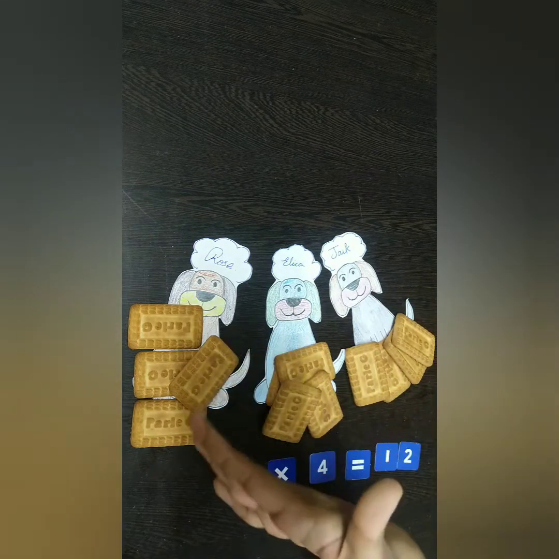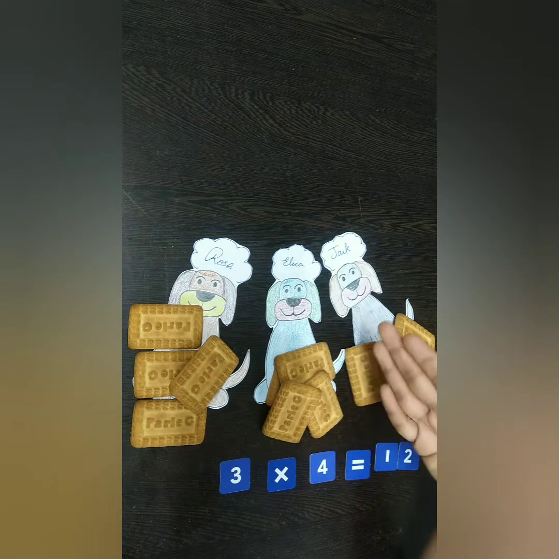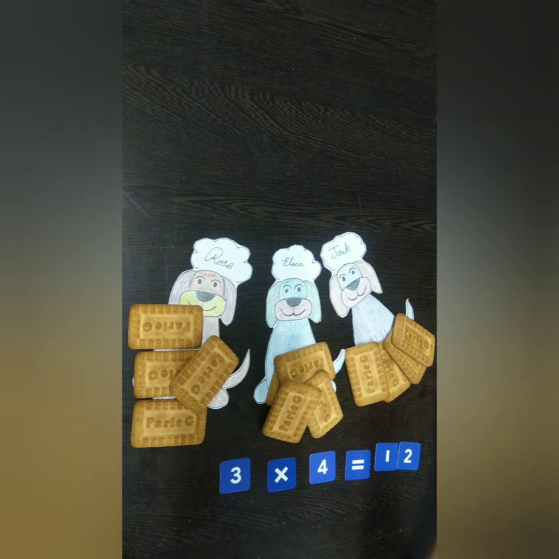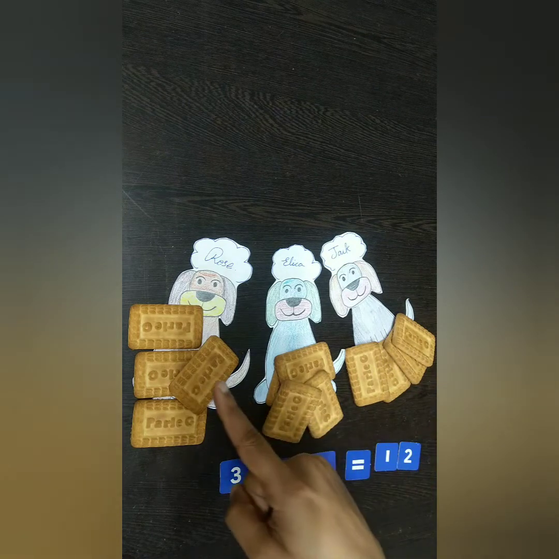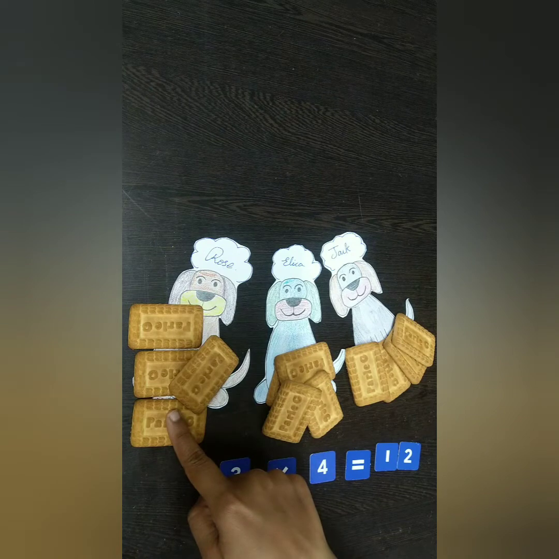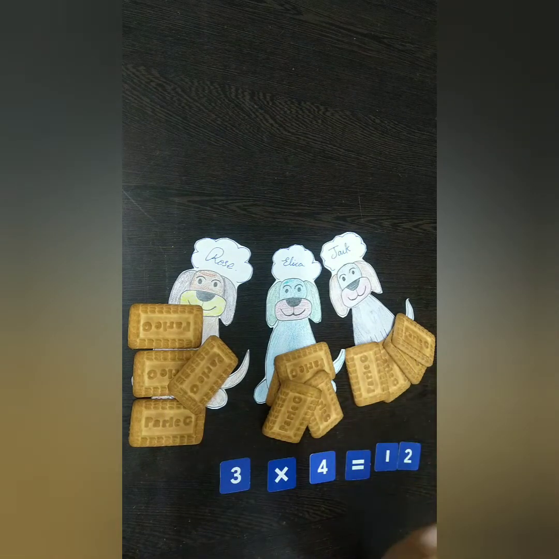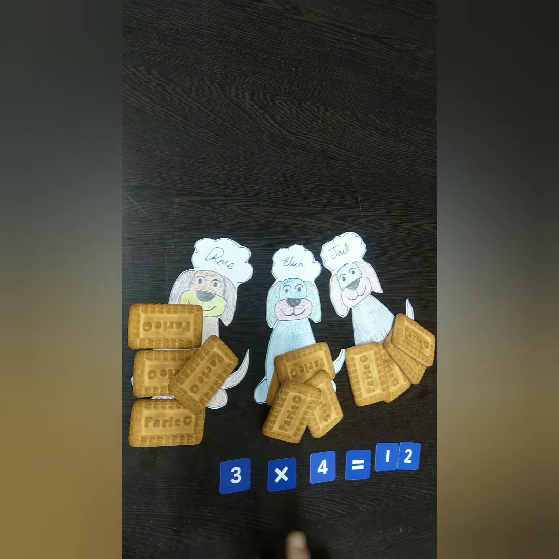Like if Rose is having 4 biscuits, even Elika and Jack also have 4 biscuits. They don't have different biscuits, right? In the problem, they will tell details about only one thing and all others will be the same. When you understand this small logic in the question, you should understand that it is multiplication.